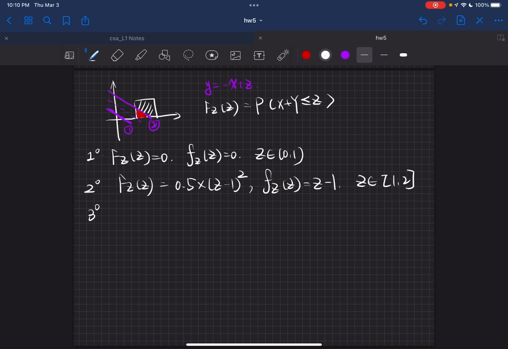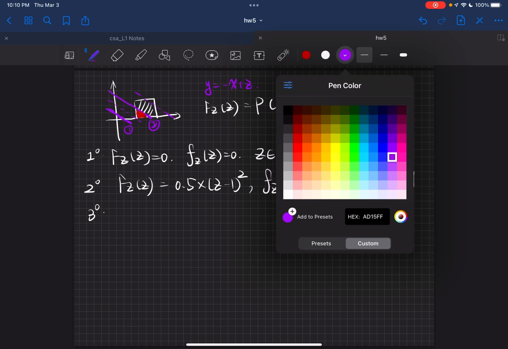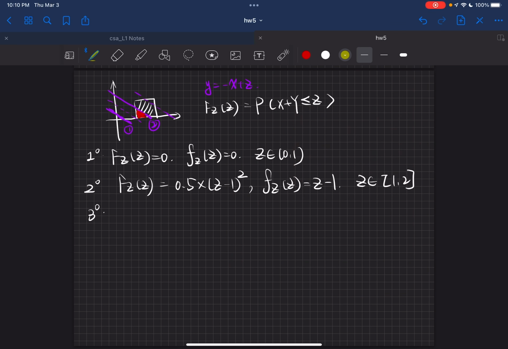And the third case is that the purple line is here. So in this case, the red area is part of our final answer, and the yellow area we can calculate is equal to 1 minus this small triangle, right?